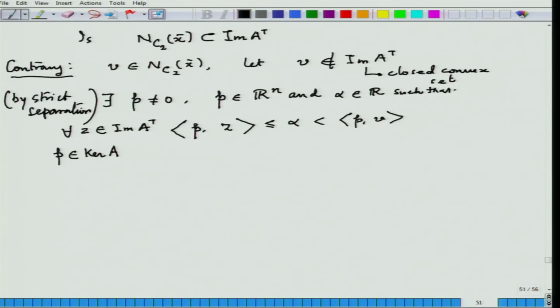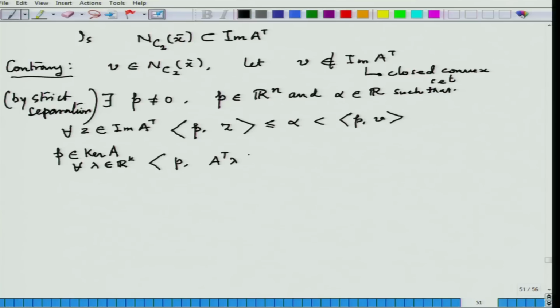So, now what is Z? Z is an element of the form A transpose lambda for all lambda in R k.